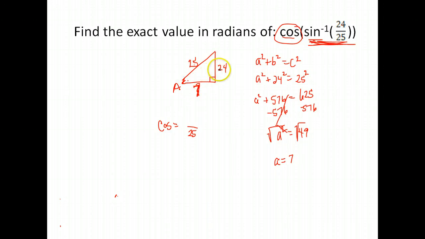Well, this angle A had a sine of 24 over 25. Its cosine would be 7 over 25. And there you go. So that is a little change up when you have the cosine and sine reversed and have to find the missing value.